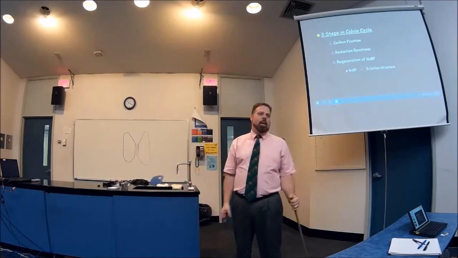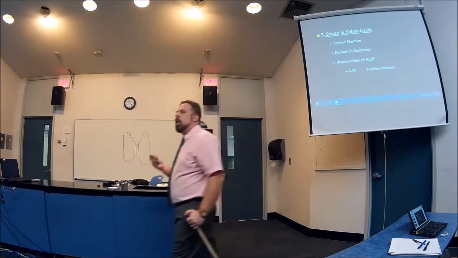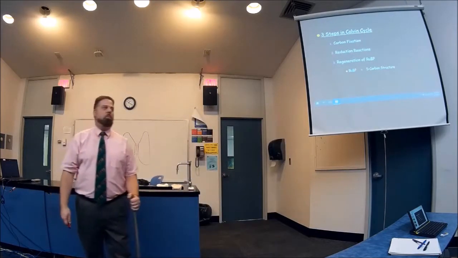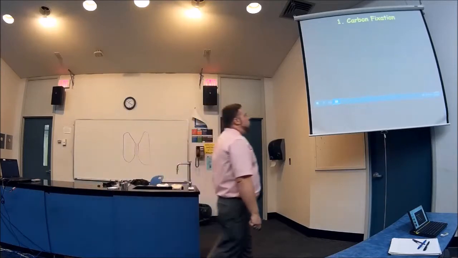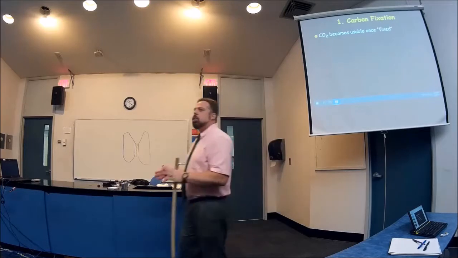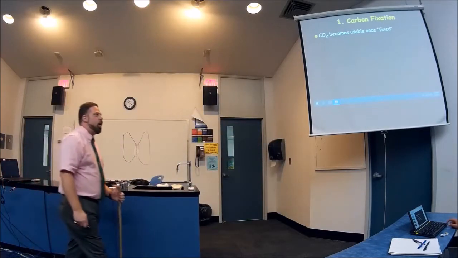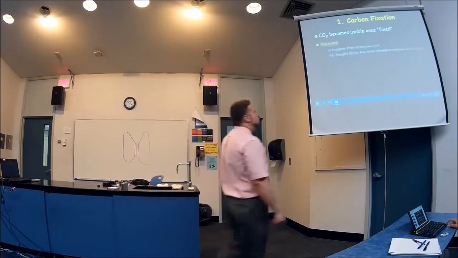Carbon dioxide, right? That has 1 carbon. So that's why plants need carbon dioxide to make sugar. So the first part is carbon fixation, which is basically going to make that carbon dioxide usable so that we can make sugar out of it. Okay? Once it's fixed, it's usable.